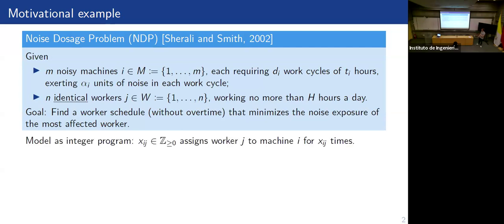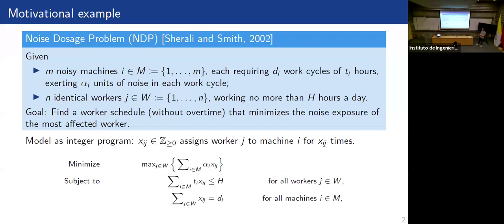So how can we formulate this? We can create an integer program, choosing decision variables x_ij, which decide how many tasks of type i on machine i are being operated by worker j. The objective is then to minimize the amount of noise that the worst-off worker gets. So we want to minimize the maximum over the workers of the sum over every machine of the amount of noise that you get multiplied by the number of times that you operate the machine.